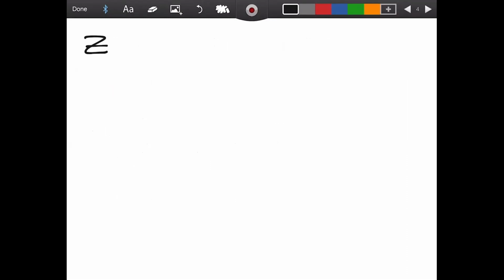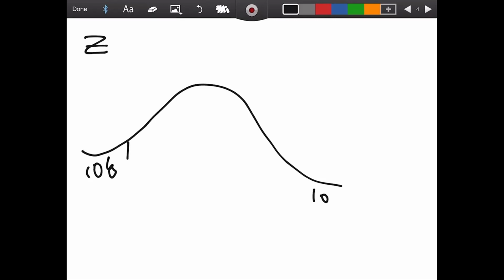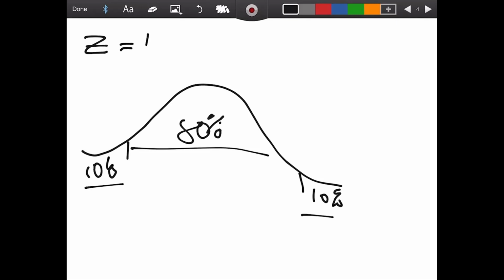To find 10% in each tail, because we want the middle 80%. 10%, 10%. We know we want this 80%. So the z-score for 10% in each tail is going to be 1.28.